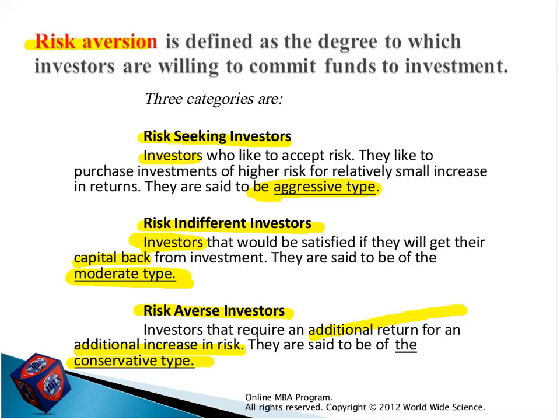I think the conservative type is, I can't say the best type, but the most logical one, right? So if you can identify yourself among these types, or sometimes we can be different types of investors in different projects, right? It depends on the project itself.